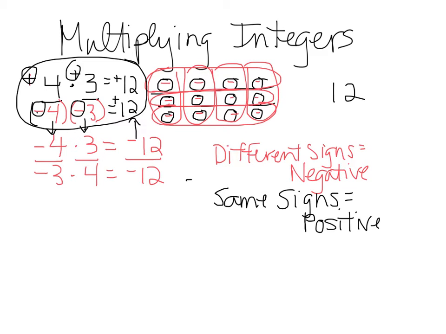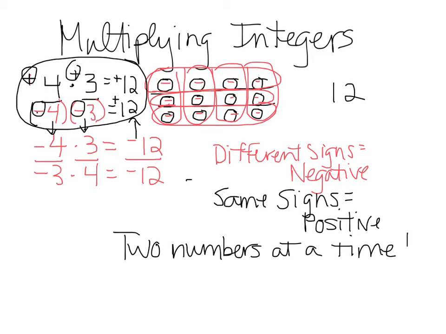But be cautioned that this only works for 2 numbers at a time. It's the basic and important thing about multiplying, but you have to remember that it only works 2 numbers at a time because, well, let's just look at a pretty simple example. Negative 1 times negative 1 times negative 1, using the same signs positive idea, I might think that the answer is positive 1.